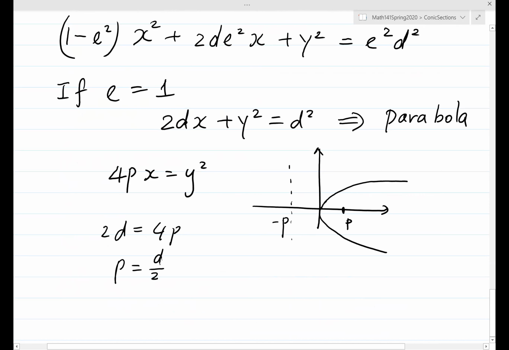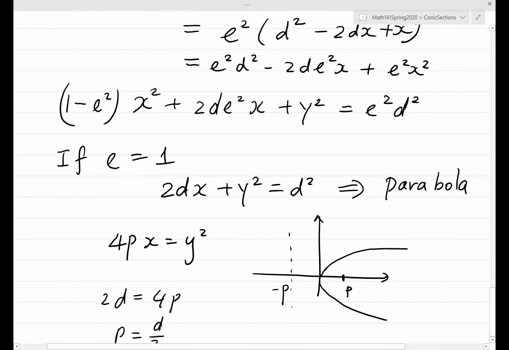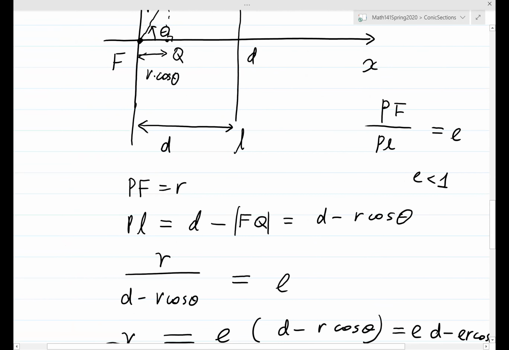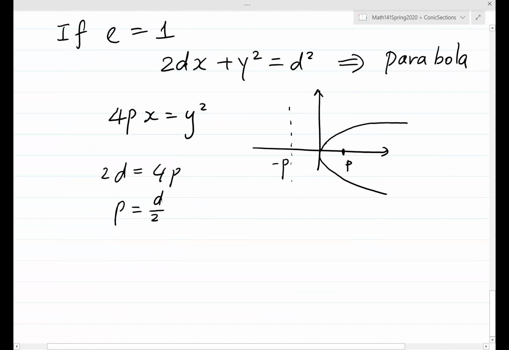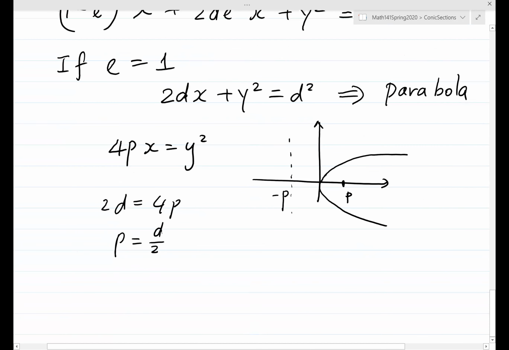Then you should translate it so that the directrix is at coordinate d. Just translation. So this gives us the case when e is 1. This indeed is a parabola, a conic section.